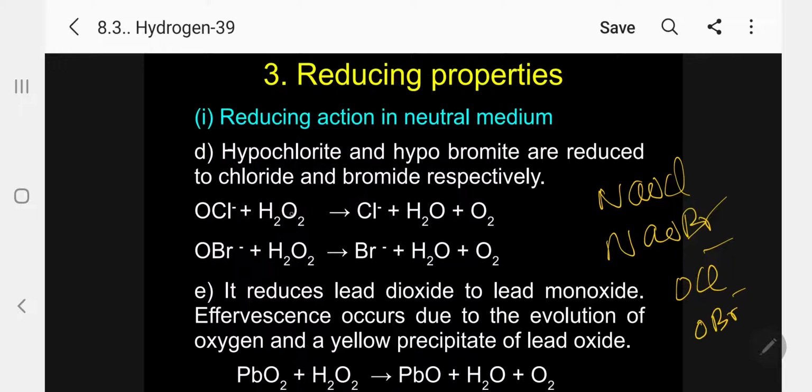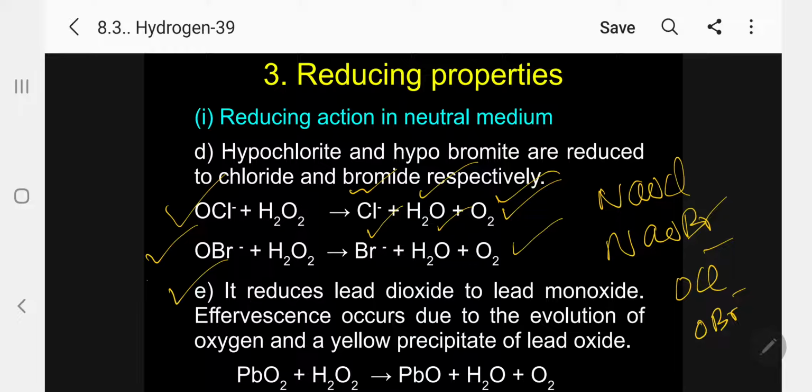So hypochlorite ion and hypobromite ion are reduced to the corresponding chloride and bromide, sodium chloride, sodium bromide respectively. So hydrogen peroxide undergoes oxidation, that is to O2 and H2O. Kindly follow, oxygen is produced. In all cases of reducing action, oxygen is produced. It shows it is a reducing action.